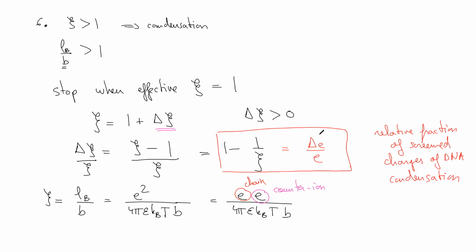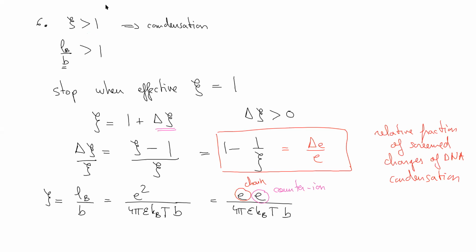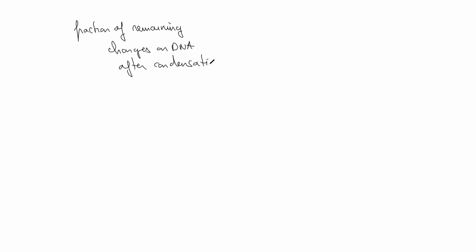All right, so I could also have introduced another quantity, which is the one that you are interested in if you do biophysics, for instance, the fraction of remaining charges on DNA after condensation. Well, this is 1 minus what we already found.